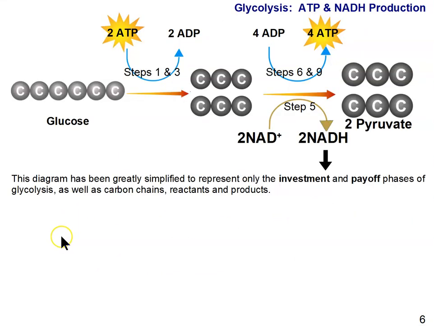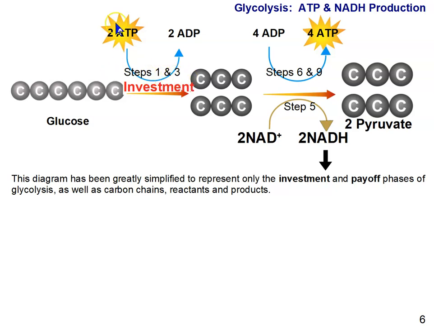So this is a simplified diagram that represents only the investment and payoff phases of glycolysis. And it also shows the carbon chains, right? For example, glucose is a 6-carbon compound, C6H12O6. So there's the investment phase, and I noted on here that that's steps 1 and 3.